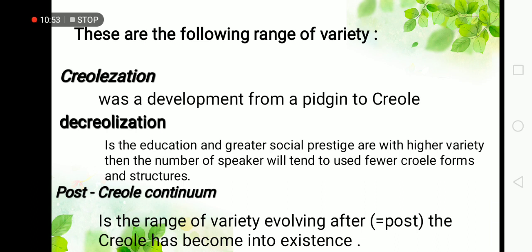Decreolization is when education and greater social prestige are associated with a higher variety, then the number of speakers will tend to use fewer Creole forms and structures. Next is post-Creole continuum. Post-Creole continuum is the range of varieties involving after, or post, the Creole has come into existence.